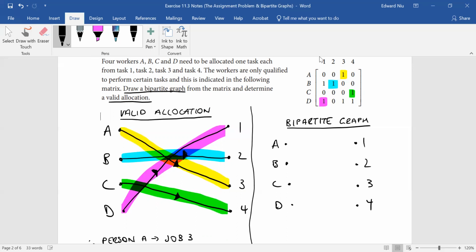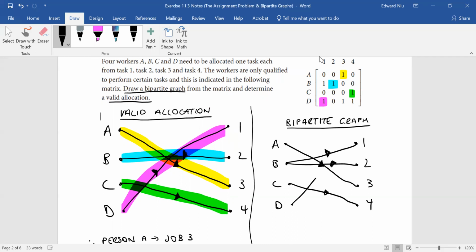Okay, A can only do 3. And we want to put the arrow in the middle. B can do jobs 1 and 2. So we connect 1 and 2. C can connect to job 4 only. And then D can get to 1, 3, 4.